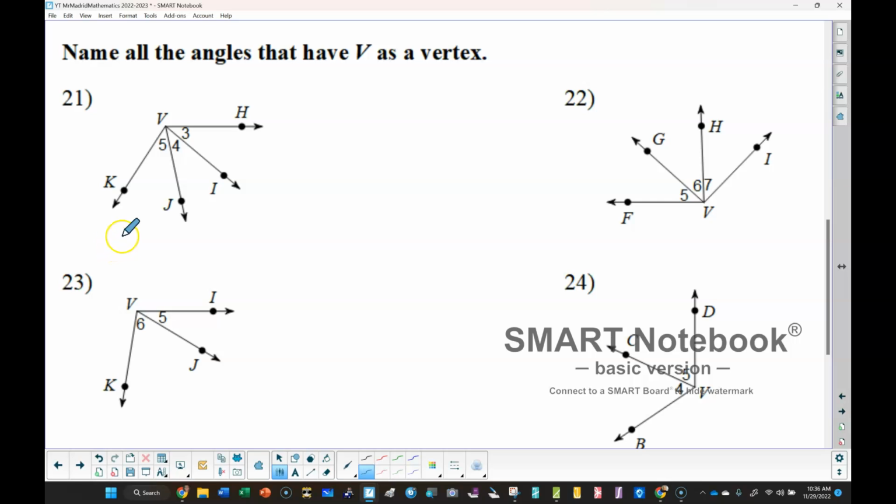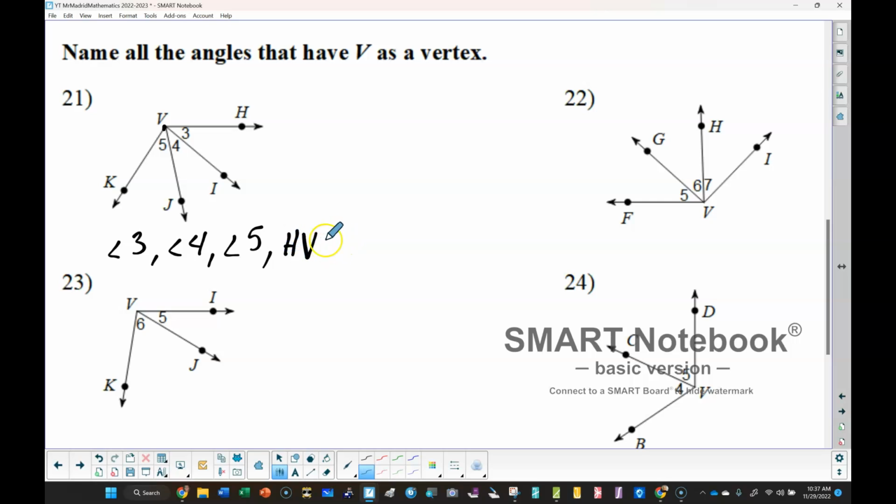Here's V as a vertex, and we know we have angle 3, angle 4, angle 5. What else? How about HVJ? HVK? And let's say IVK. There's a whole host of these. Let's start listing them.